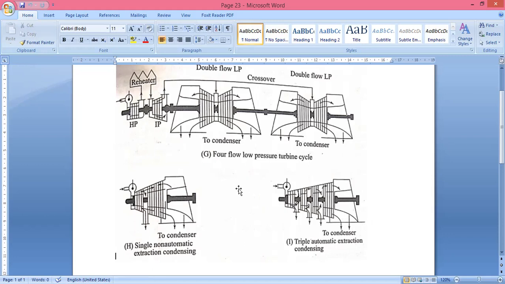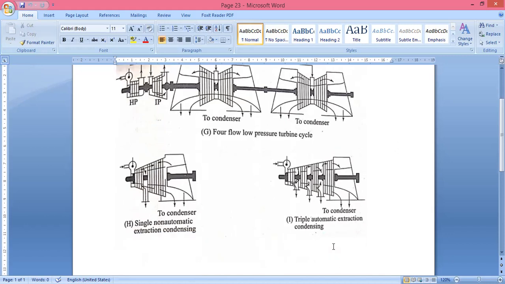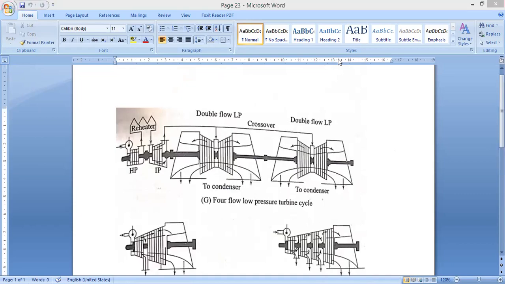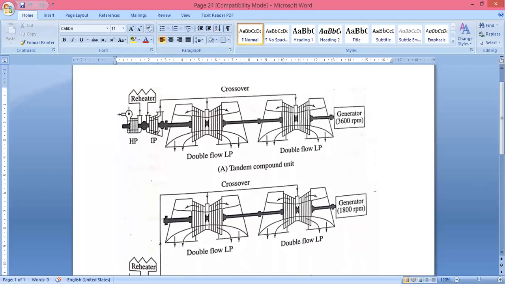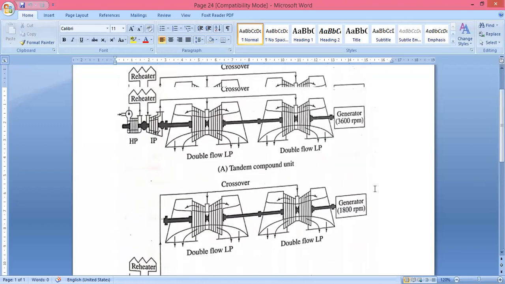The overall steam turbine generator arrangement of a power plant is designated as tandem compound or cross compound on the basis of shaft orientation.